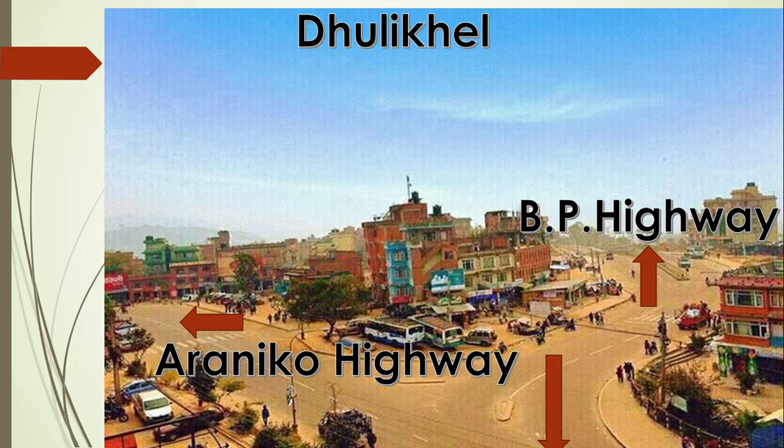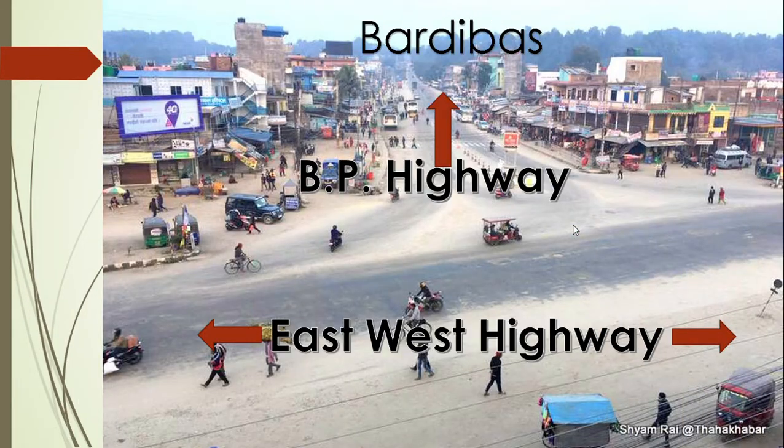This road joins Dhulikhel along the Araniko Highway, and see the picture. Now you can see Dhulikhel Bazaar, and it is the junction of two highways, Araniko Highway that comes from Kathmandu and BP Highway, that is Dhulikhel Sindhuli Bardibas Highway.